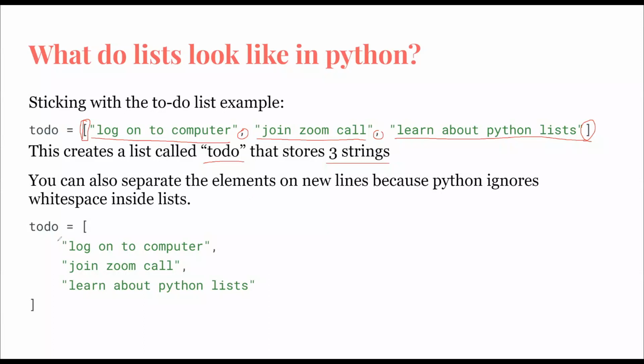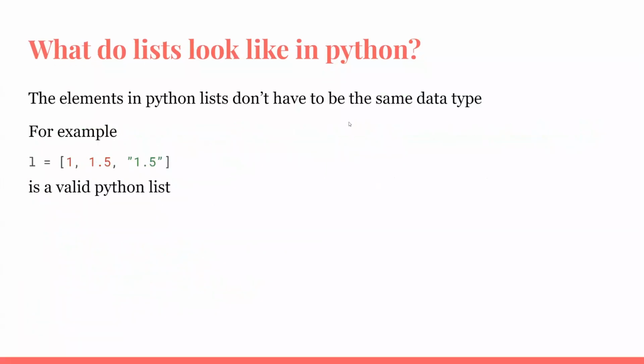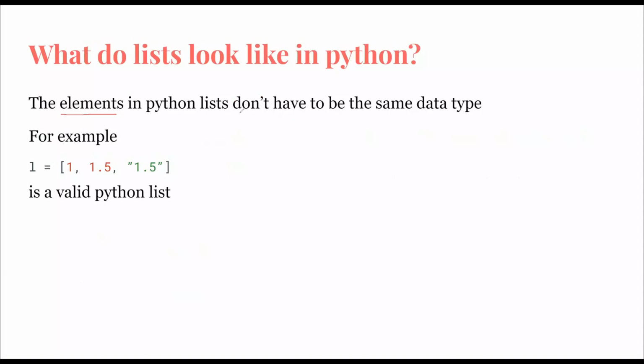If you want to, you can also have them on separate lines, which might be easier to look at, because Python ignores white space inside of lists. So we don't have to care much about indentation in this case. And in Python specifically, the elements in a list don't have to be the same data type.